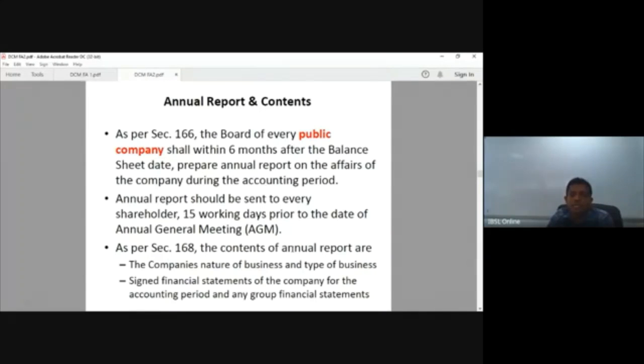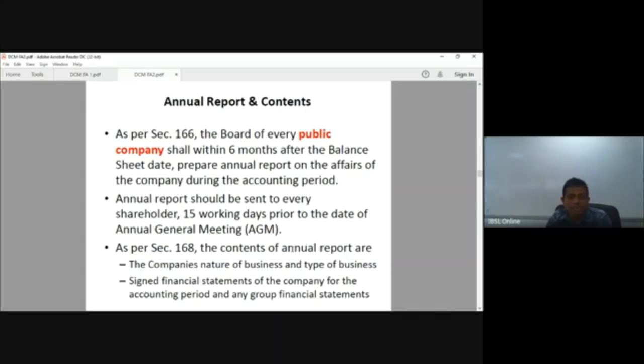Nowadays, it's very difficult to send the hard copies. In order to meet this requirement, if you take a bank, there are about 17,000, 18,000 shareholders, right? You cannot print 17,000 copies of the annual report and send all these to the shareholders.